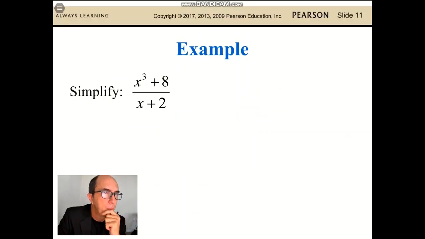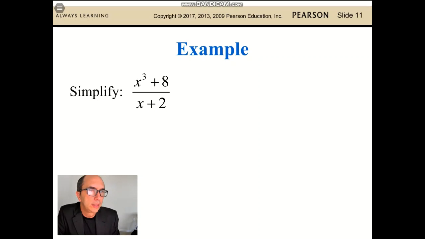Let's work this example now: x cubed plus 8 over x plus 2. If we remember chapter 5.7, where we have seen special products to help factoring, there's one way of factoring the sum or difference of two cubes.